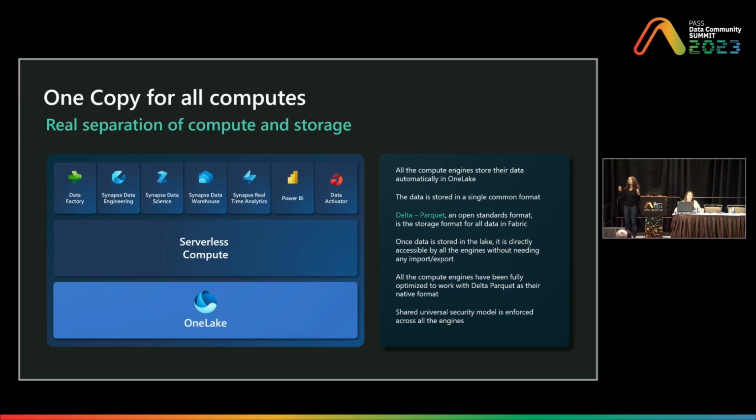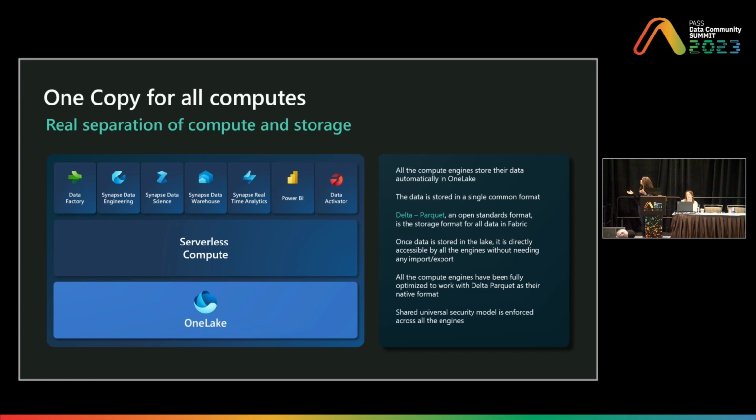As I mentioned, in order to enable this, we've adopted the Delta standard, so Delta Parquet. All the files are stored in OneLake as Delta Parquet, and you don't need to worry about doing any of those translations. We've optimized every engine that works here to work on top of Delta. The last thing is, there are many different engines here. In today's world, if you're trying to manage security, you have to go to one data warehouse, set up security, go to Power BI, set up security, and it's a nightmare.